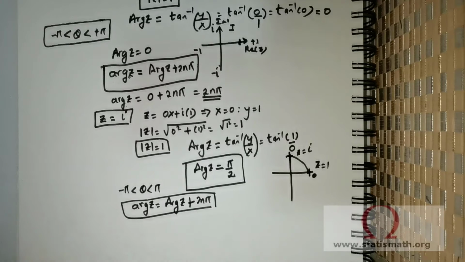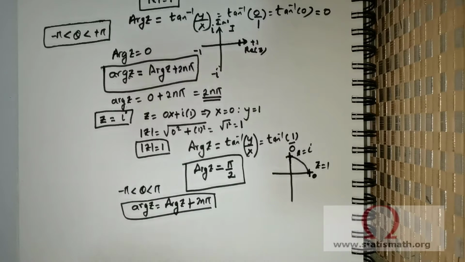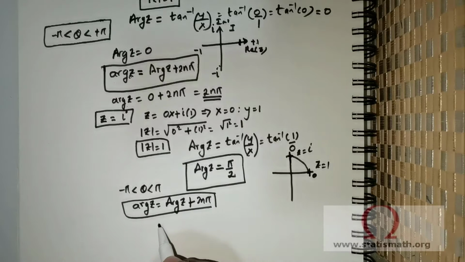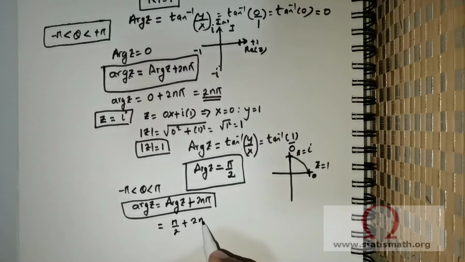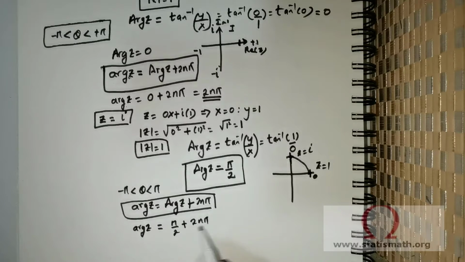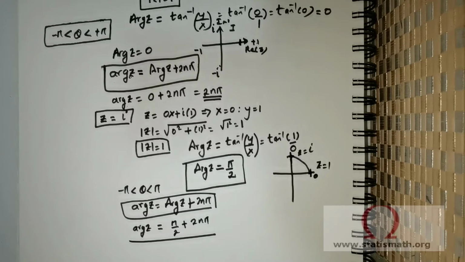So the final answer in this case is going to be pi over 2 plus 2n pi. This is my argument of z. So this is the final answer to the given question.